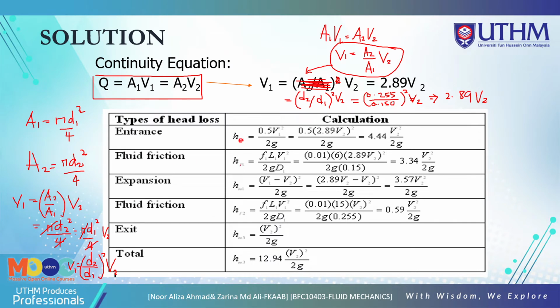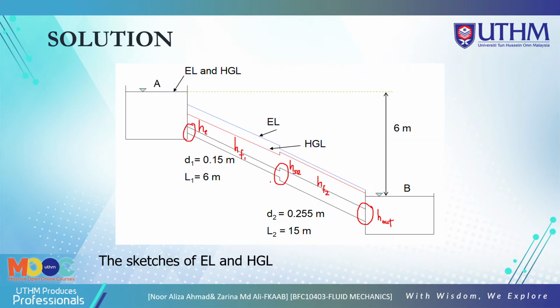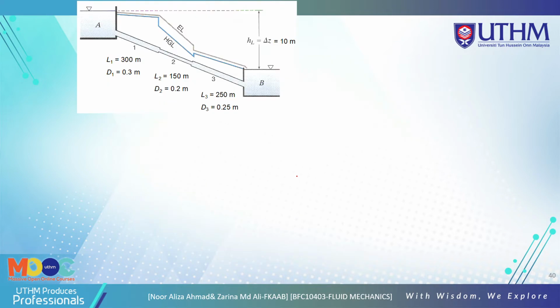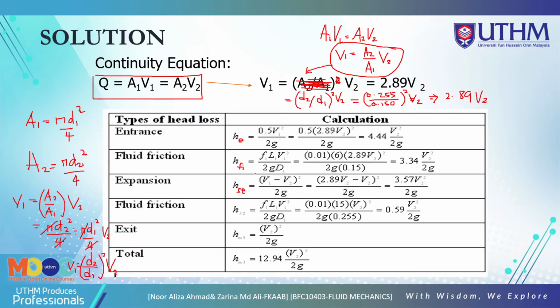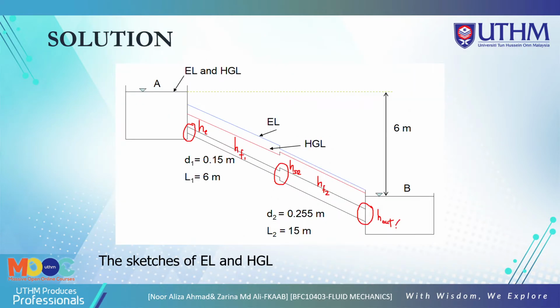Fluid friction is HF1, expansion is HSE, and the HF2, and the exit is HO, exit out. So exit out is this one, for the minor losses.